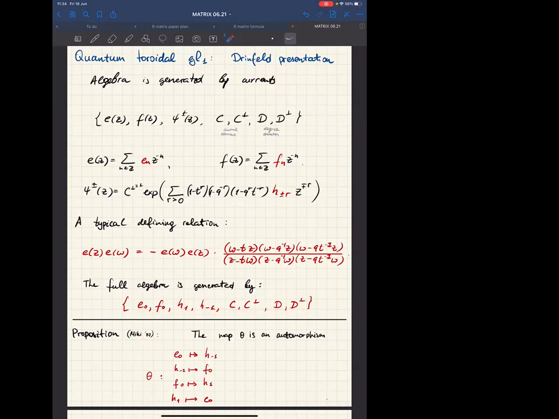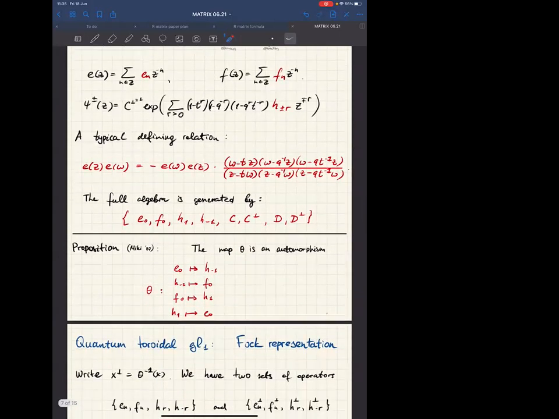There is a particular automorphism which is most important for us. It basically permutes this set. So we take E0 to H-1, H-1 to F0, F0 to H1, and H1 to E0. That leaves the commutation relations intact, so they still hold. This is a quite non-trivial automorphism and quite useful.